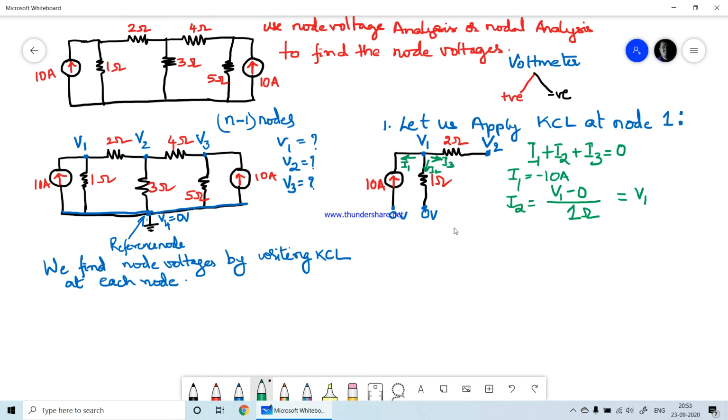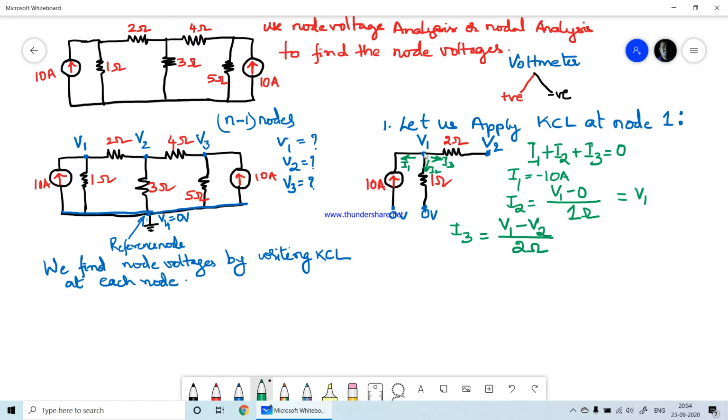Now coming to I3. The current I3 is flowing towards the 2 ohms. Therefore the denominator will have 2 ohms, whereas the numerator will have the voltage difference across 2 ohms, which is V1 minus V2.